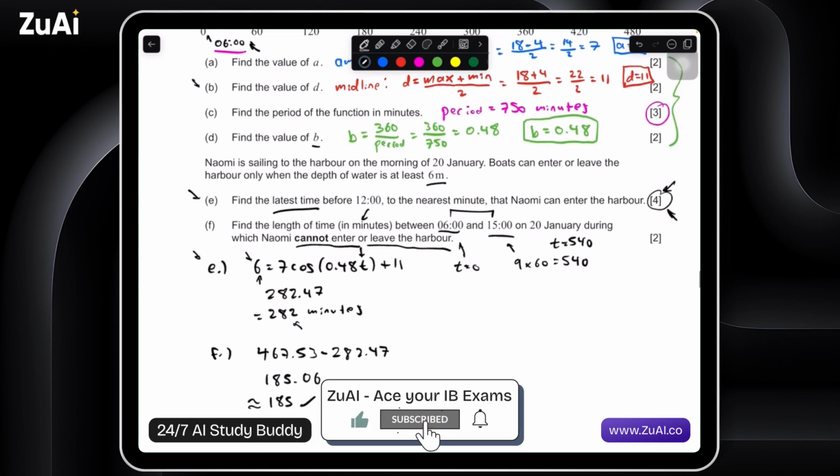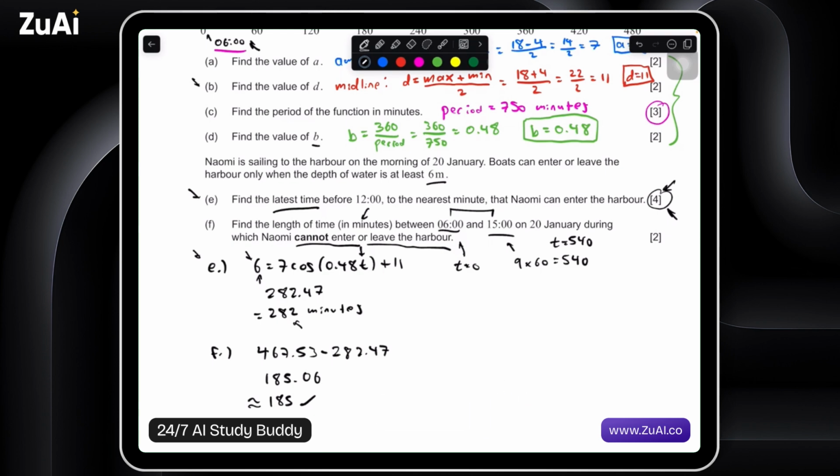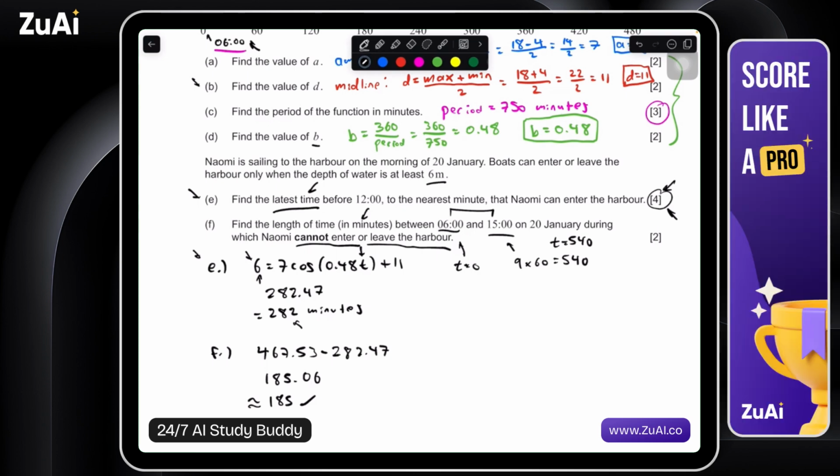So in a real world context, it wouldn't be enough to tell Naomi, for example, 282 minutes later, after 6, that's when you can't enter the harbor anymore. It would be more relevant in a real world context to tell what time exactly, what specific time. So in this case, we have to convert these minutes into hours and then find out the time, the latest time in which she can no longer enter. And that's something, to be honest, at first read that I myself missed. But 4 marks, that is a good indication.